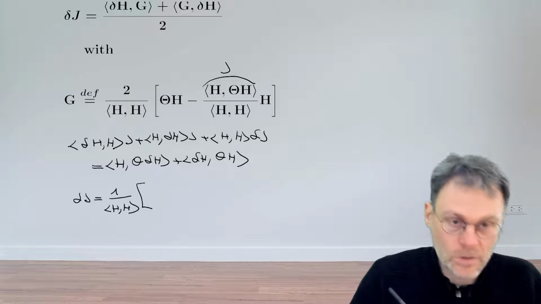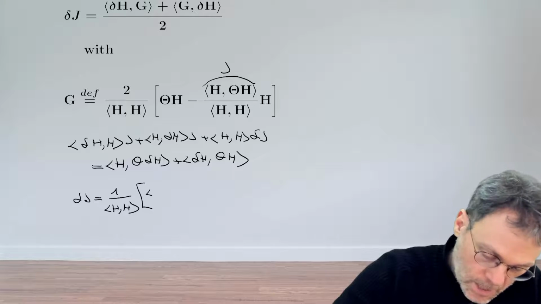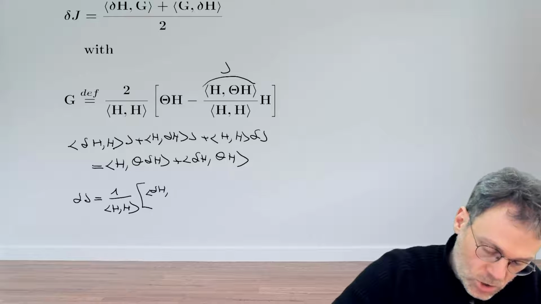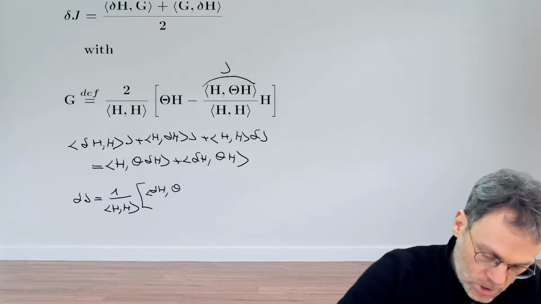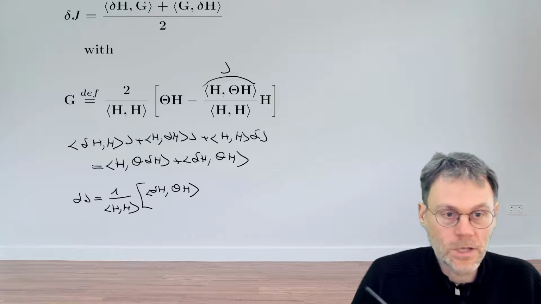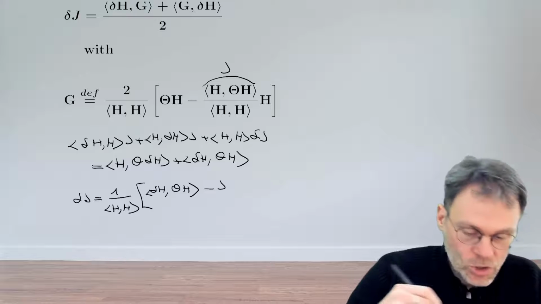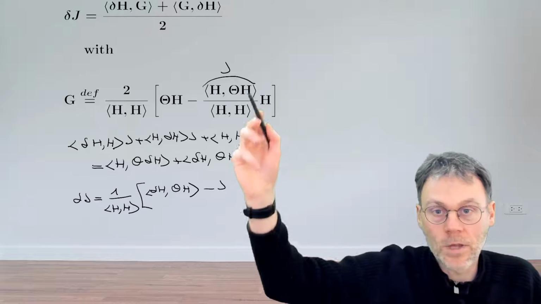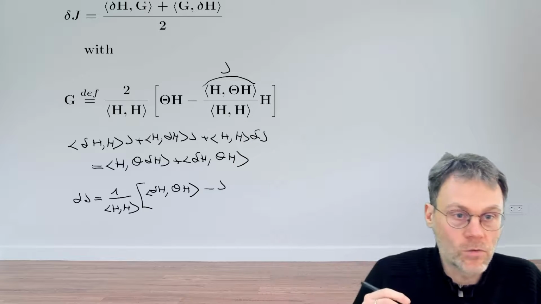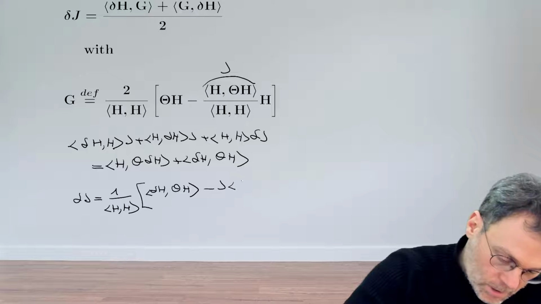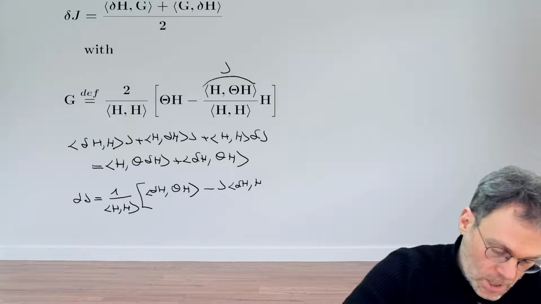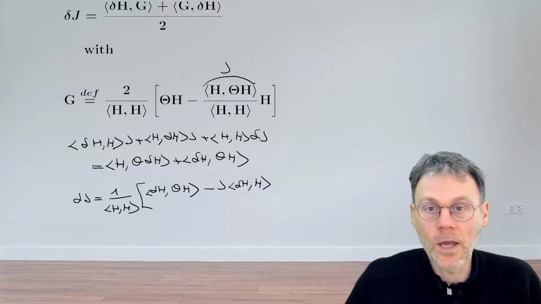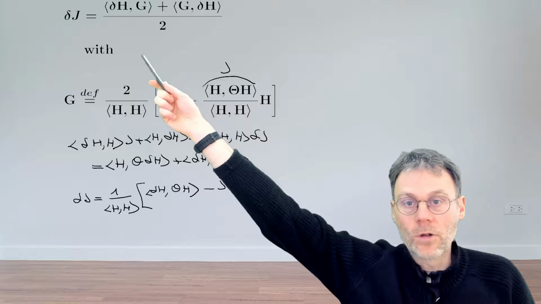For the first term, we get then a delta H theta H. And then for the second term, we have minus J. And then we have an H here on the right-hand side. So this will become delta H H. Okay, so this was taking care of what we had up here.